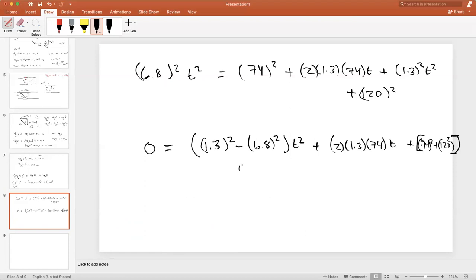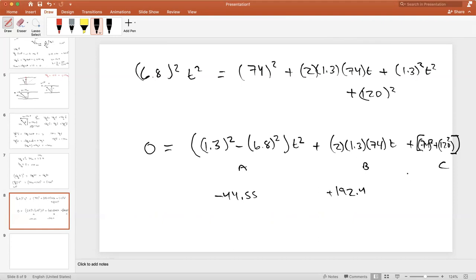So this is my A, this is my B, and this is my C. Let's write down what these are really fast. 1.3 times 1.3 minus 6.8 times 6.8 gives me negative 44.55 for A. 2 times 1.3 times 74 gives me 192.4, that's positive.